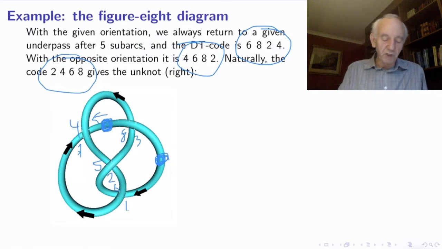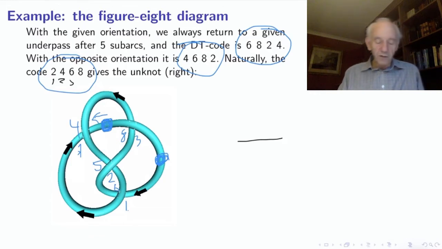So let's just reconstruct the diagram from that code. In that case, I'm going to again have my sort of starting arc. The first crossing corresponds to 1, 3, remember, 5, 7. So this will come as a 1 and it's going to be overpassed by 2, but 2 follows 1.